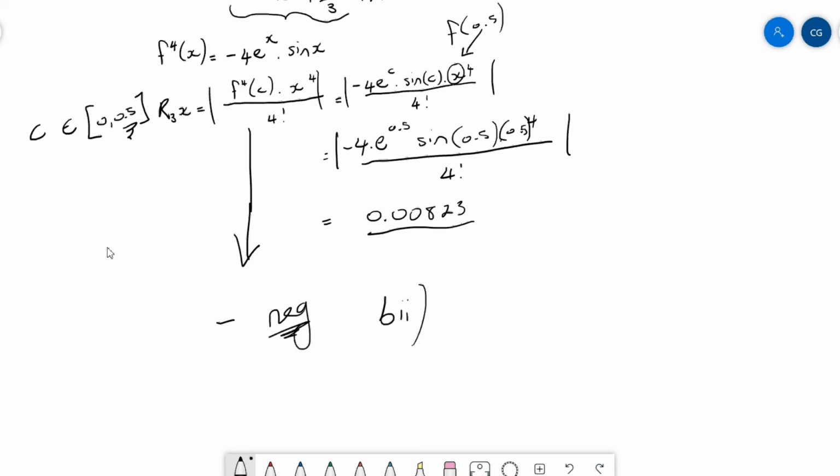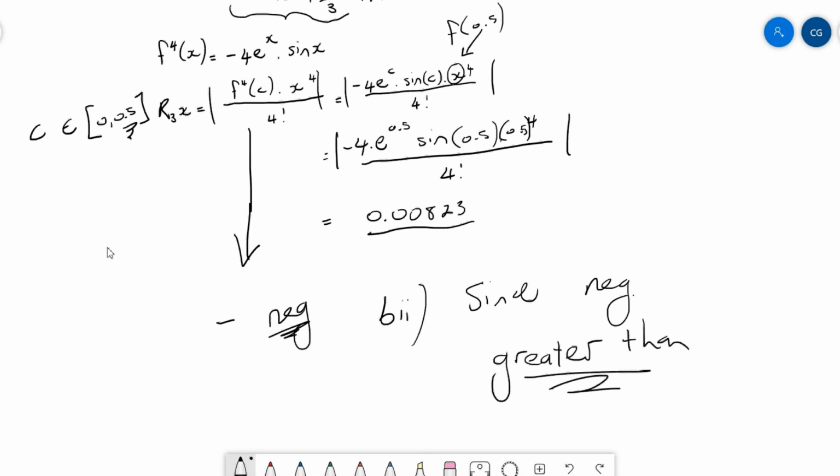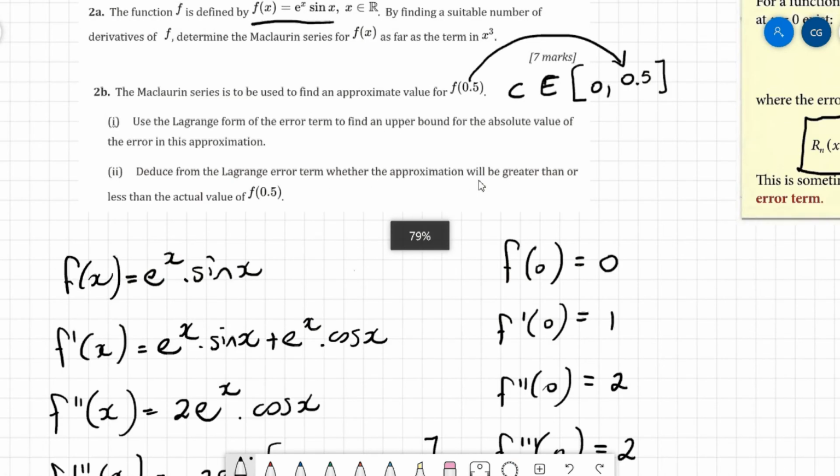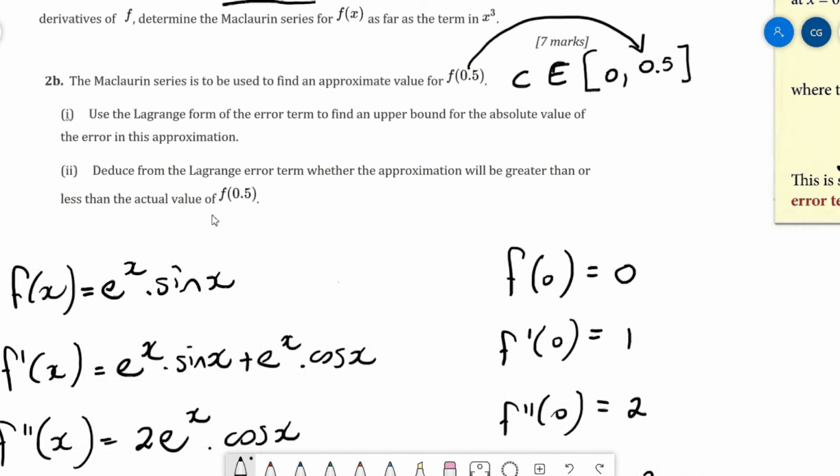So, part 2, since this is a negative value, we can say that it is greater than. So remember that if this error term is negative, we can say it's greater than. If my error term is positive, we can say it is less than. So in this case, we can say it is greater than the actual value of f(0.5).